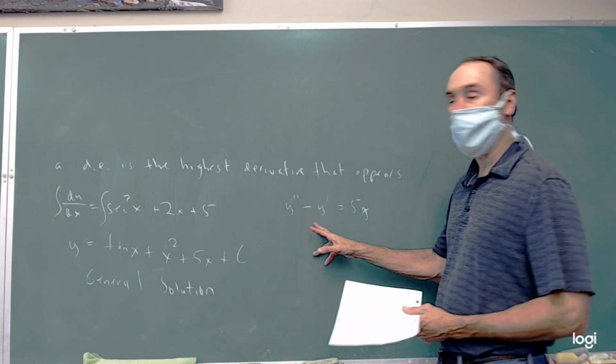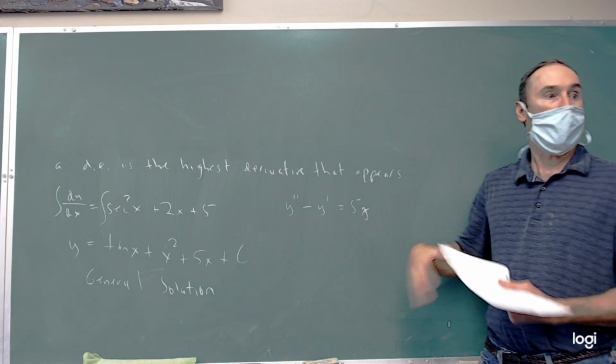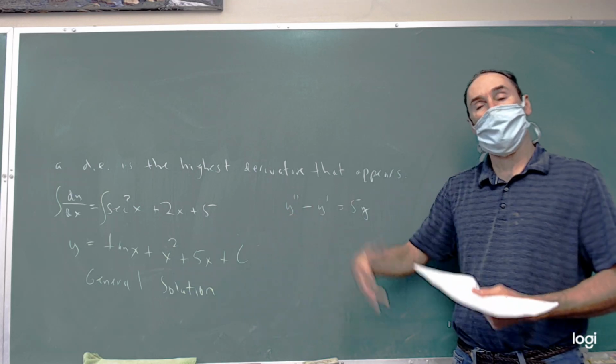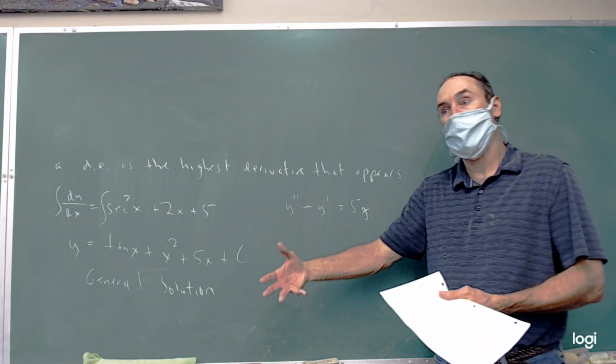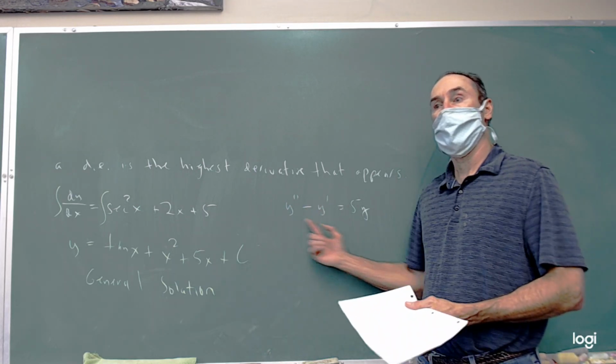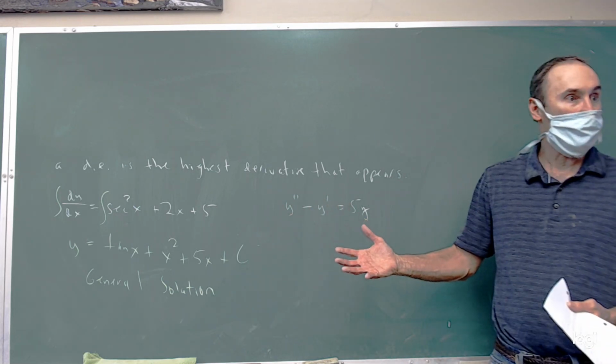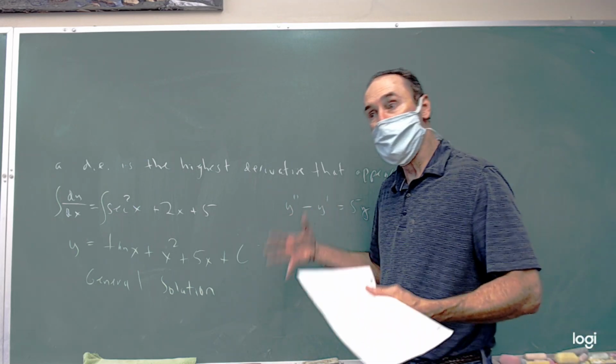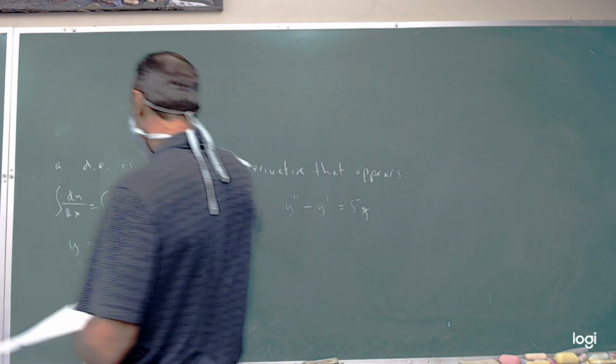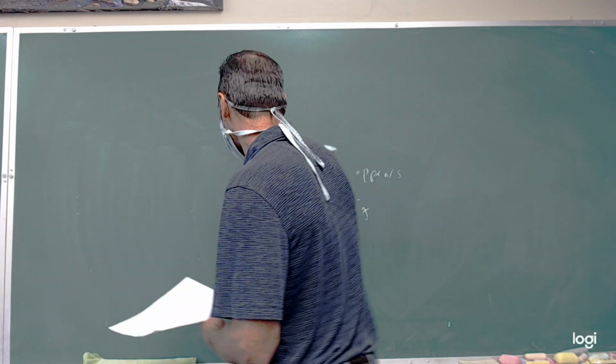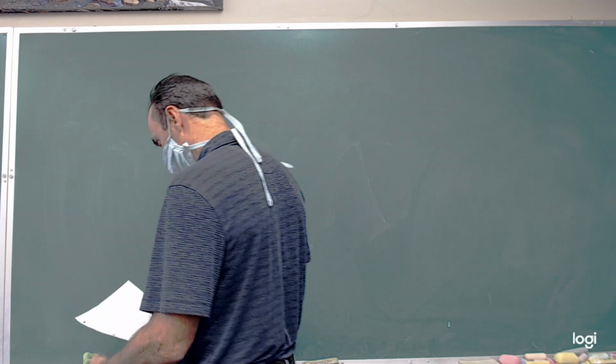If we have a second order, we're going to have to integrate twice, and each time we integrate, we get another constant of integration. So we would need at least two initial conditions in order to determine specifically what that particular solution is. So it's just more language and vocabulary here.